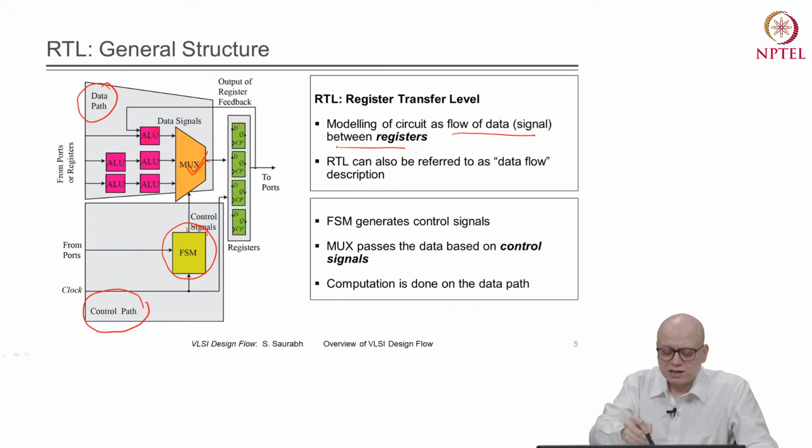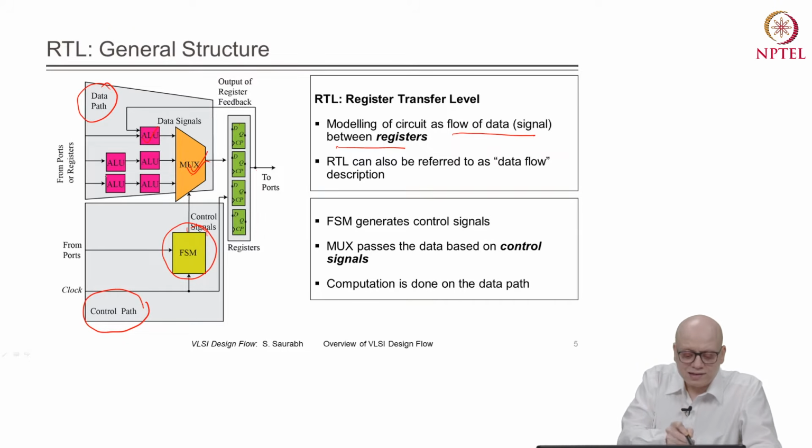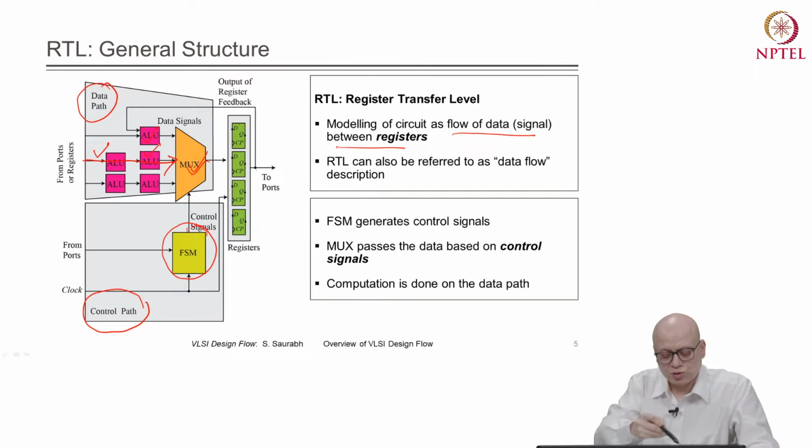And we have registers from which the information can go to the arithmetic logic units and so on. So this is the general structure of an RTL. An important point to note here is that in an RTL there can be computation which is serial. For example, if we consider this path, then the first ALU computes, then the second ALU computes, and so on. So this is a kind of serial computation.